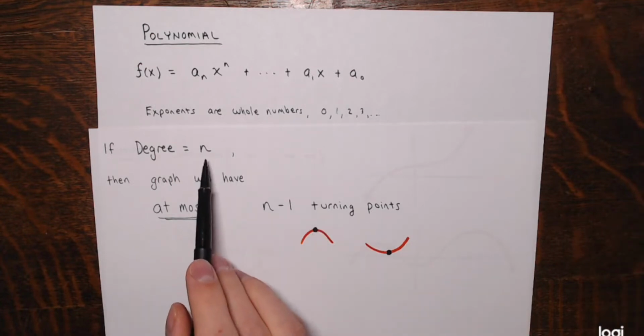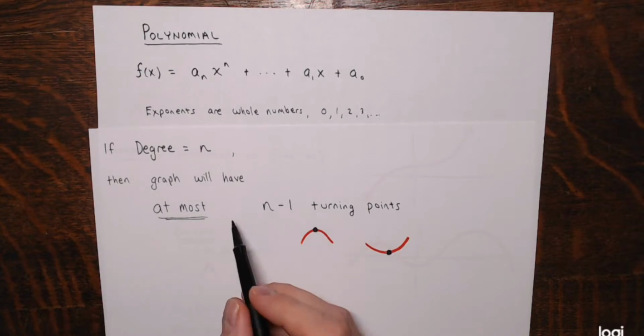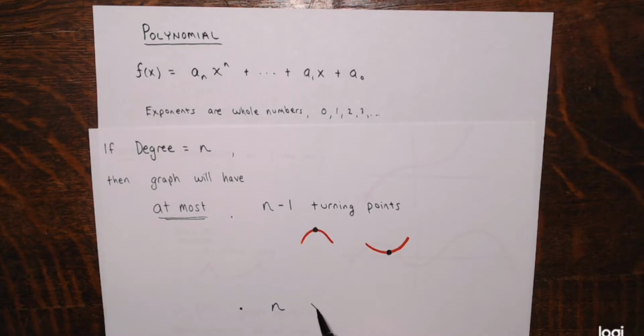So a degree n polynomial can have at most n minus 1 turning points, and at most n x-intercepts. It can't have more than n x-intercepts.